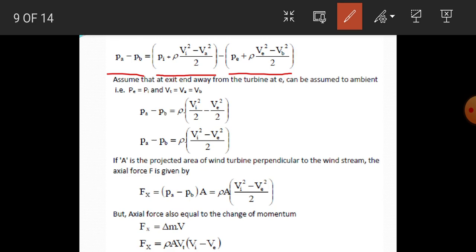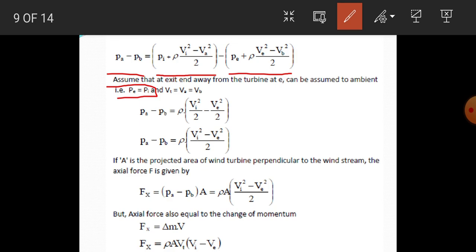So we are considering PE is equal to PI, and also VA is equal to VB, so the velocity in the rotor is almost the same.